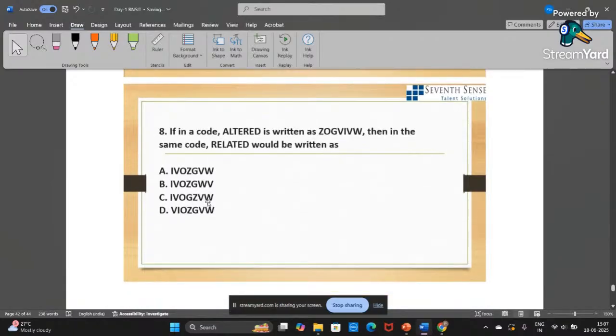Now, here, if in a code the word is written as ZOGVIVW, then how would the related word be written? Here are the options. Find the answer for this.